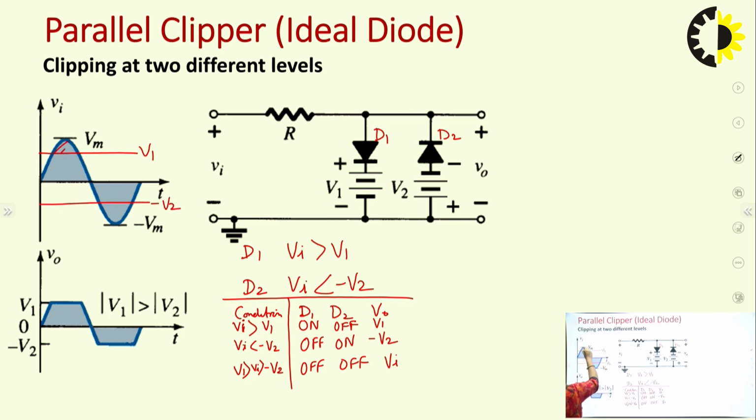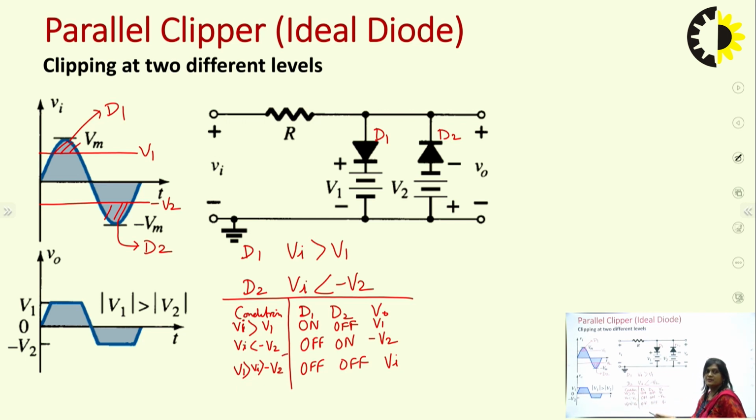This is the conducting region for D1 and this is the conducting region for D2, because D2 conducts for Vi less than minus V2 and D1 conducts for Vi greater than V1. So this shaded region is the conducting region for D1 and this shaded region is the conducting region for D2. That's why for the middle condition both diodes are off, because these conditions are just opposite of the ones written here.